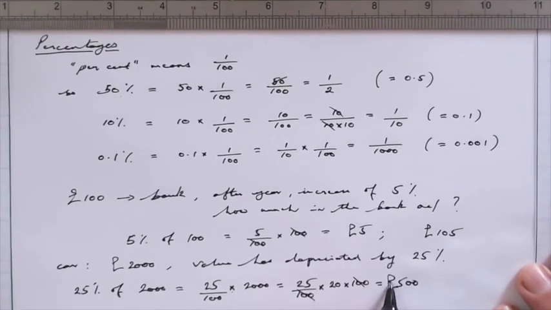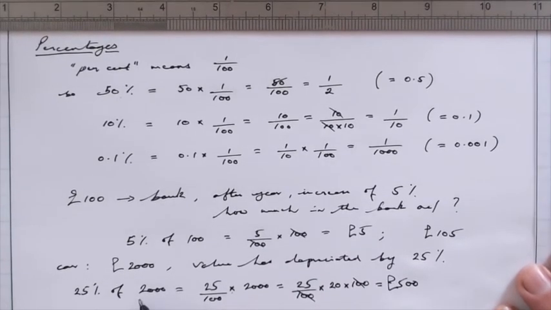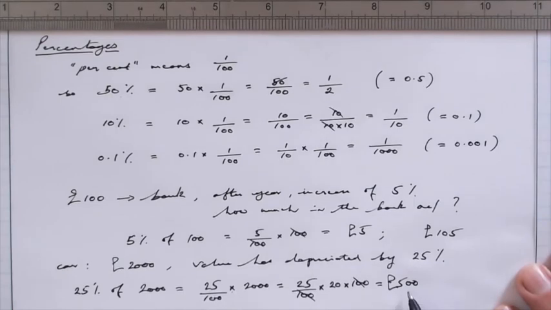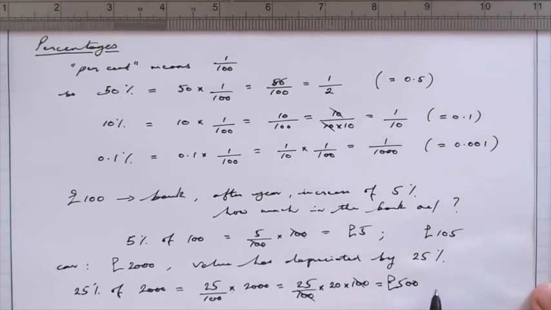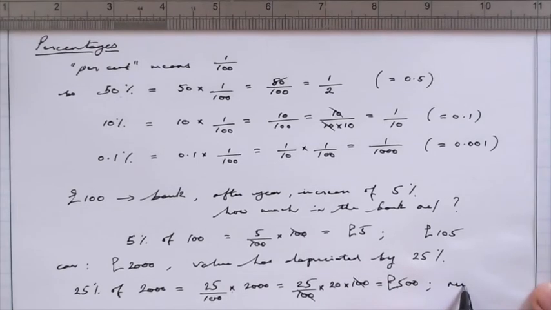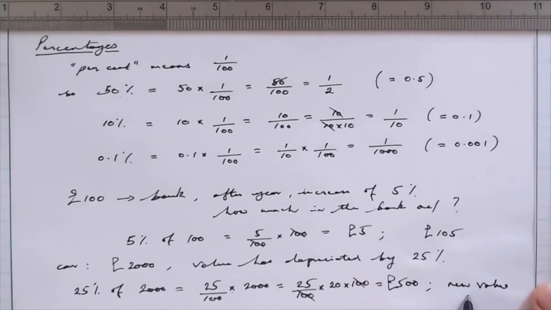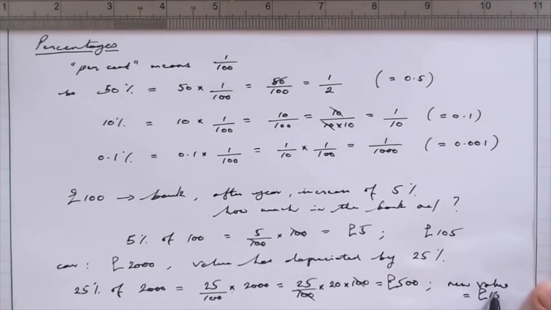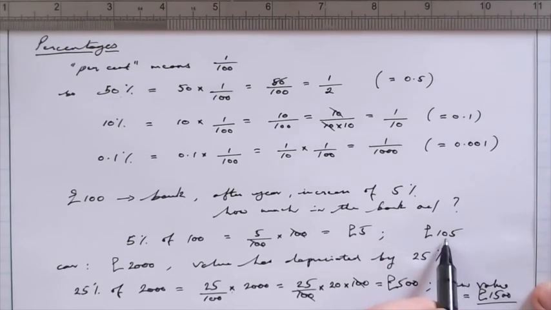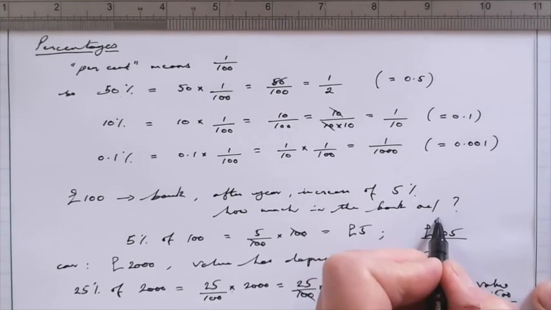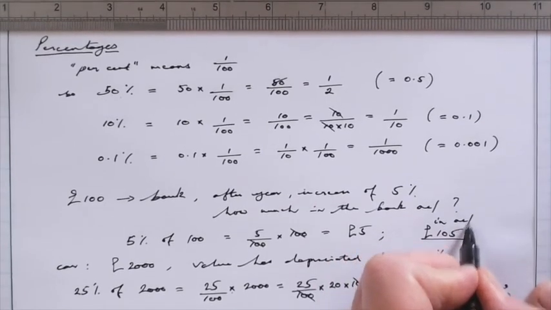So 25% of £2,000 is £500, and so the value has gone down by 500. So the new value is equal to £2,000 minus 500, namely £1,500.